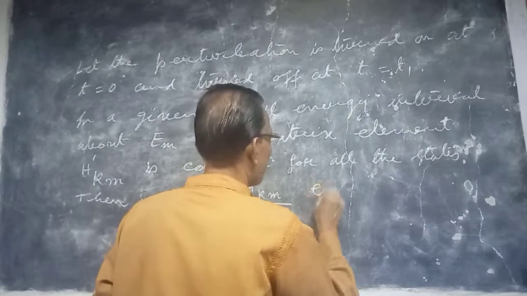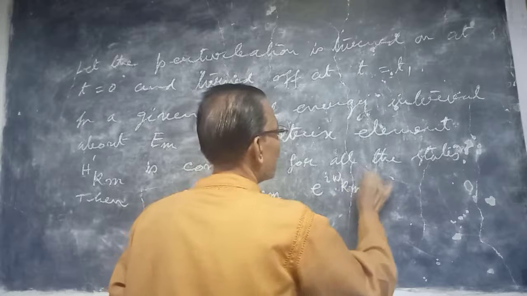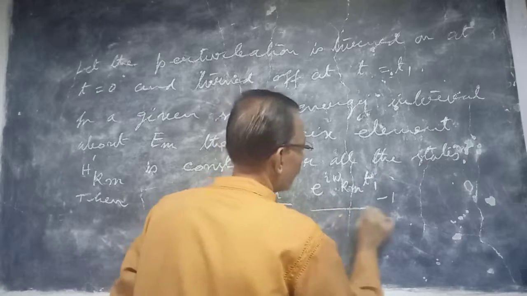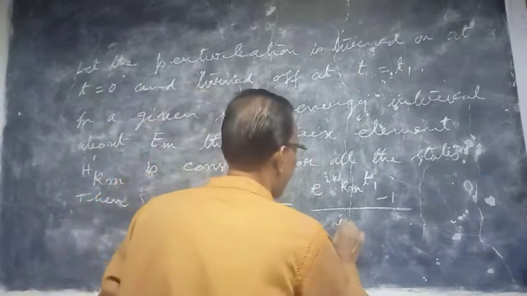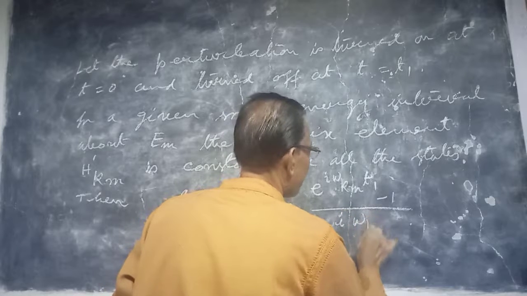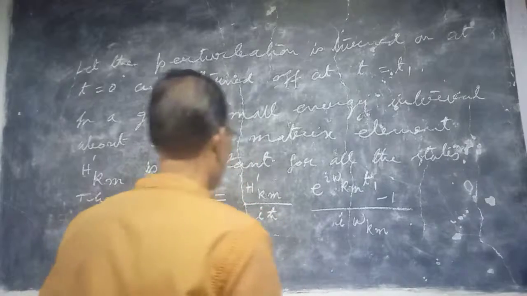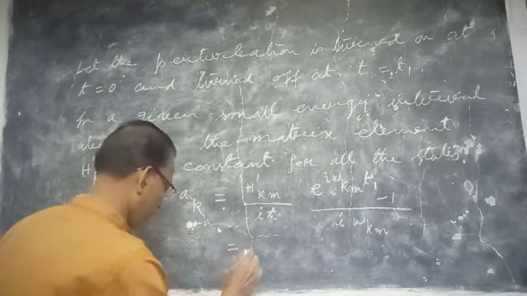So we get e to the power i omega km t1 minus 1, because the integration is from 0 to t1, divided by i omega km. So you can write it in this way.